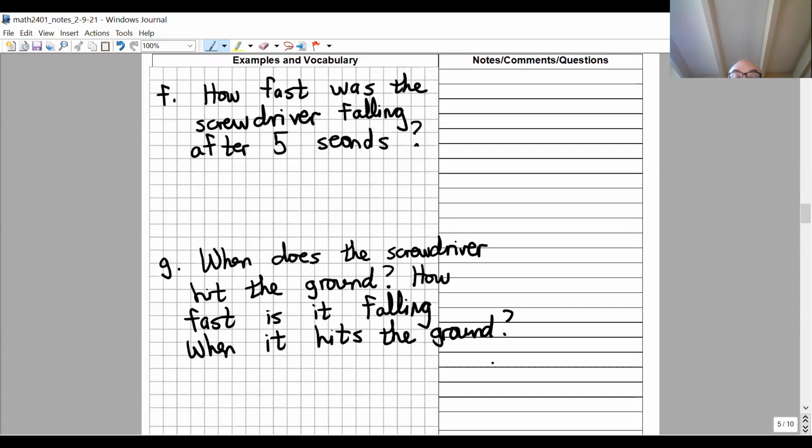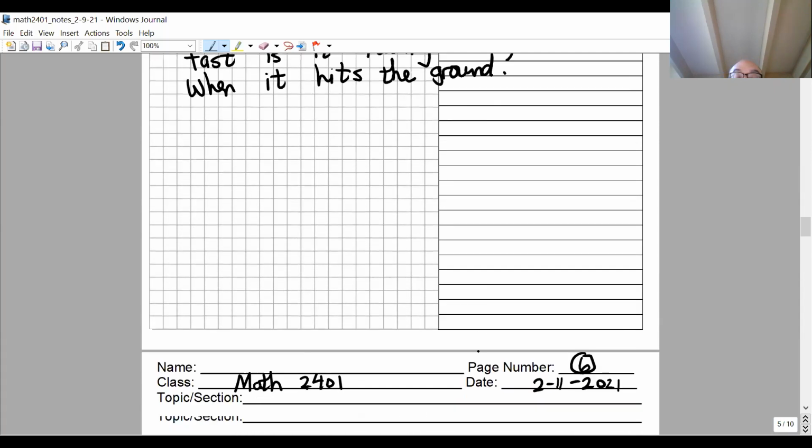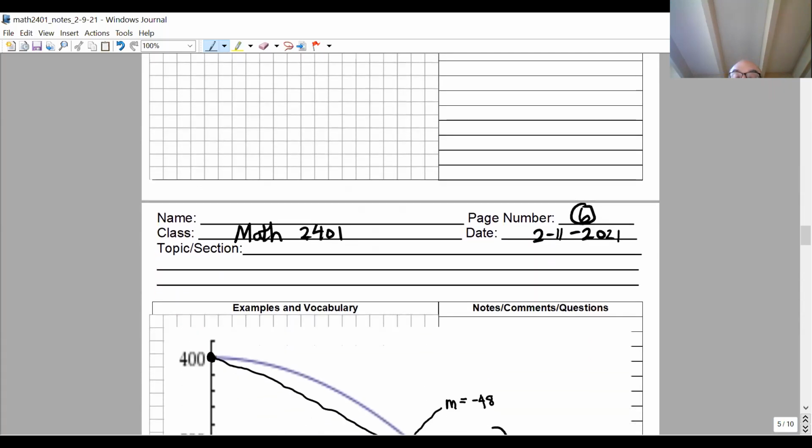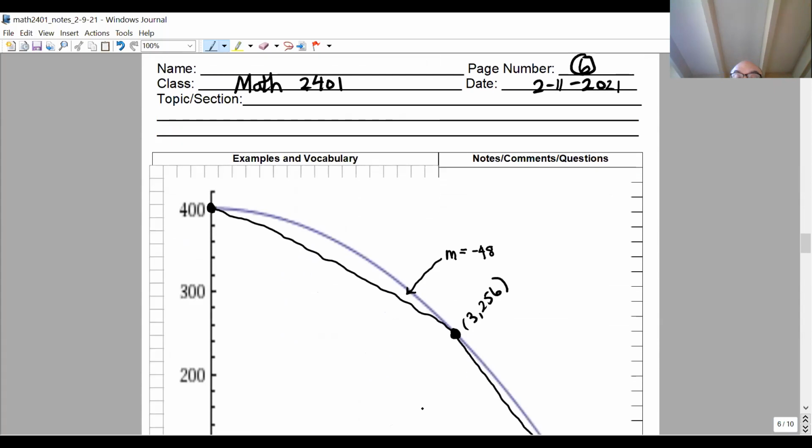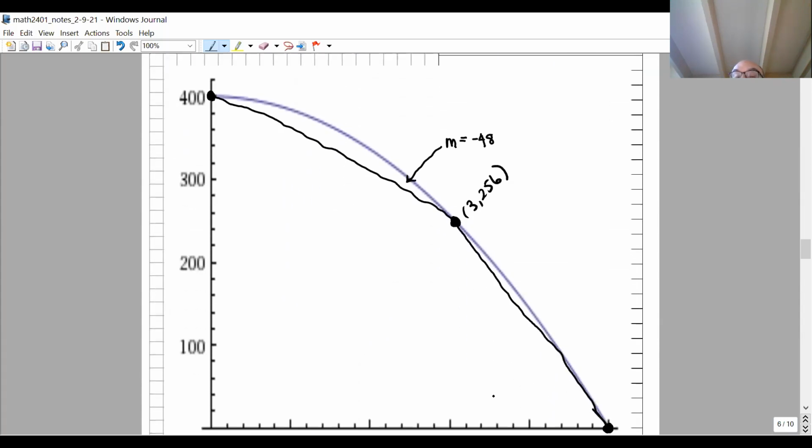And that's very easy to see from the picture, right? So the slope of this line is minus 128.